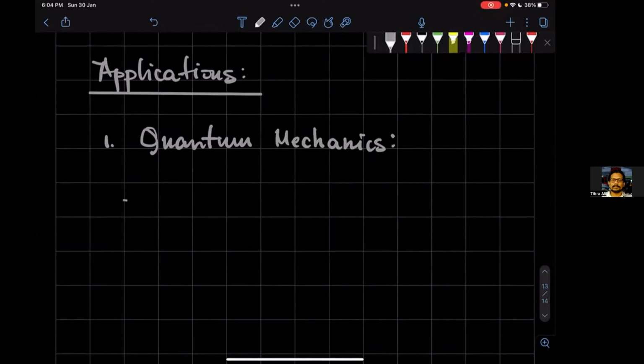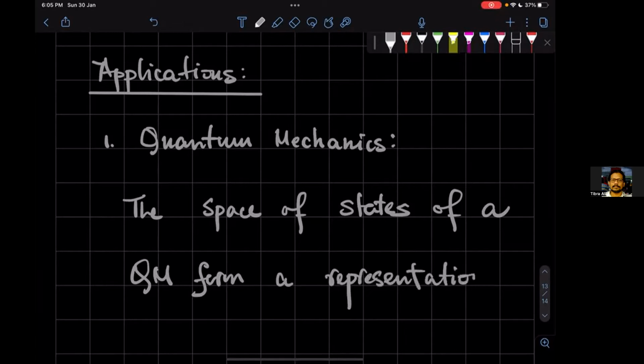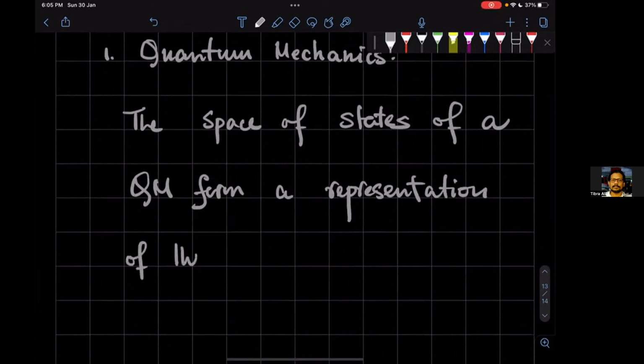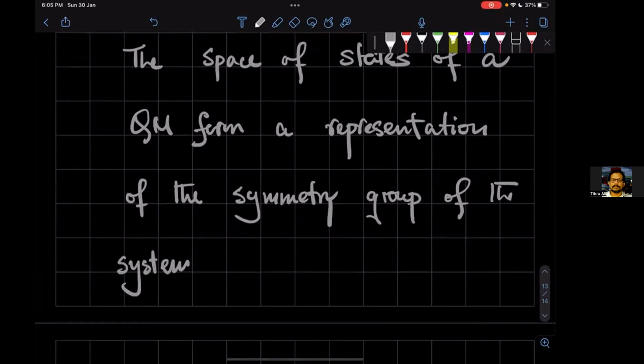So essentially, the space of states of a quantum mechanical system forms a representation of the symmetry group of the system. For example, these symmetry groups could be the rotation group.